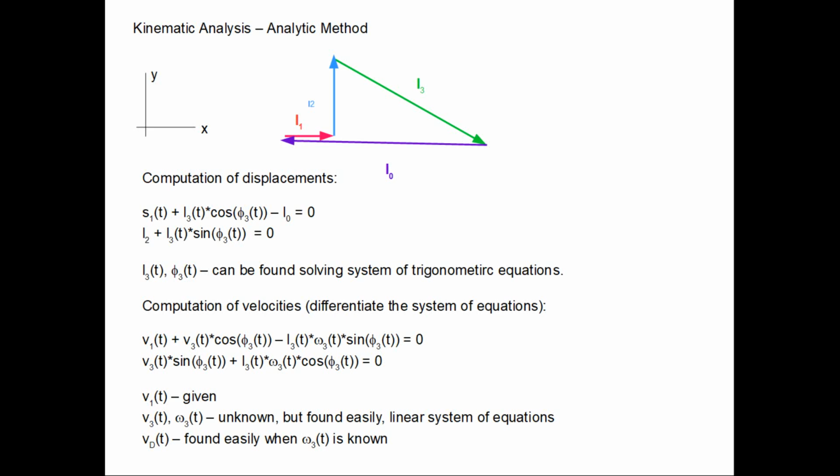One way, having the equations for L3 of t and phi3 of t, is to just differentiate these equations, but it's not advised, because first of all there could be fractions and square roots and so on, and arctangents and something like this, and the differentiation can be very hard to do.